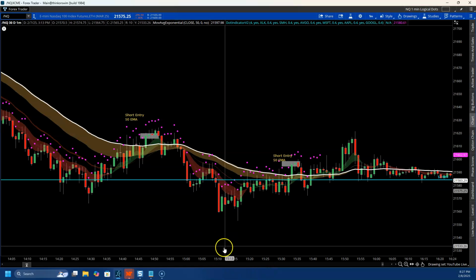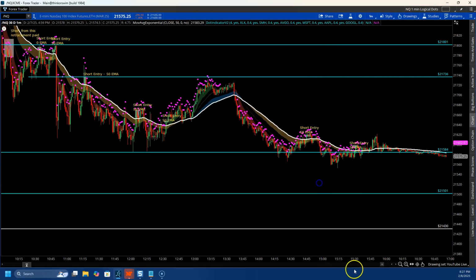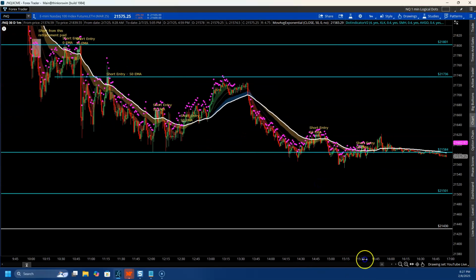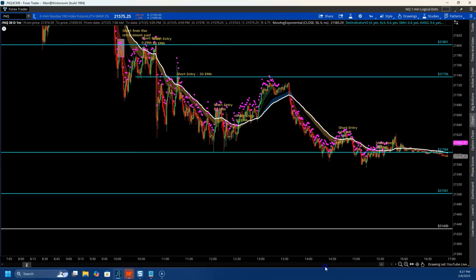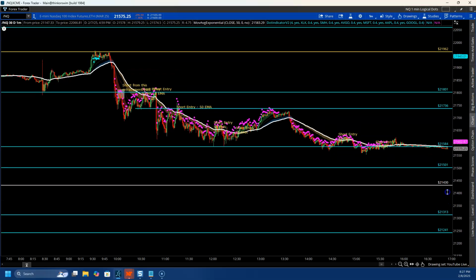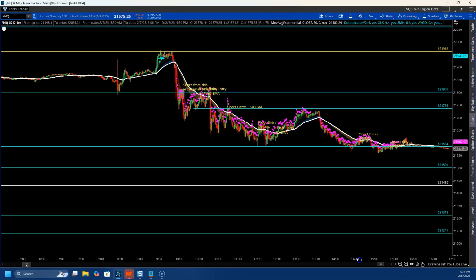So one of the questions was, what are those lines that you see on the chart? These are simply support and resistance lines based on multiple time frames. If the color is blue, that means it's an intraday time frame, like an hourly or 5-minute key level resistance or support.